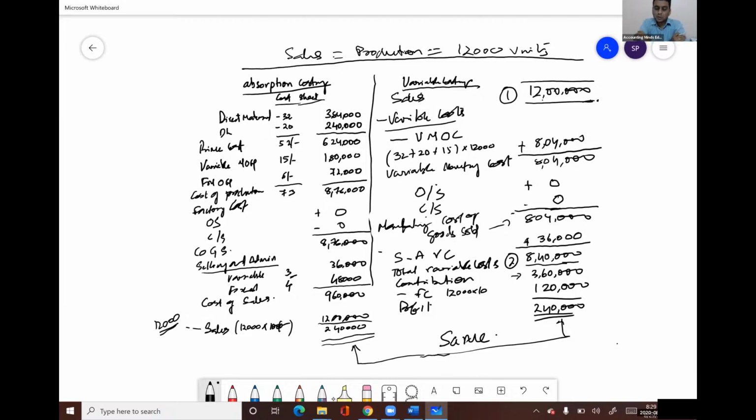This is variable manufacturing cost of goods produced, and this is variable manufacturing cost of goods sold, and this is total variable cost.